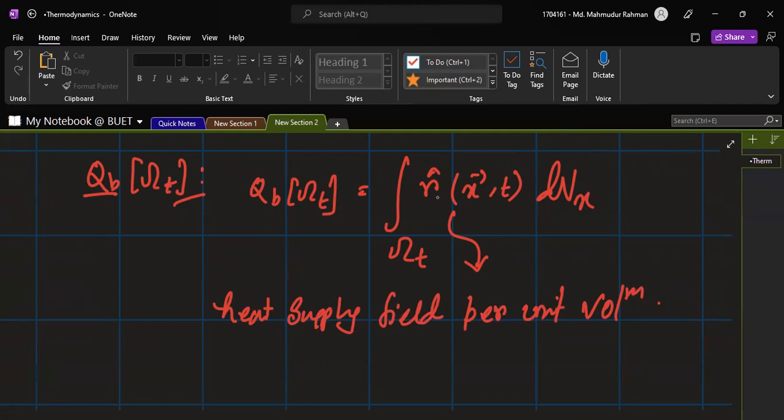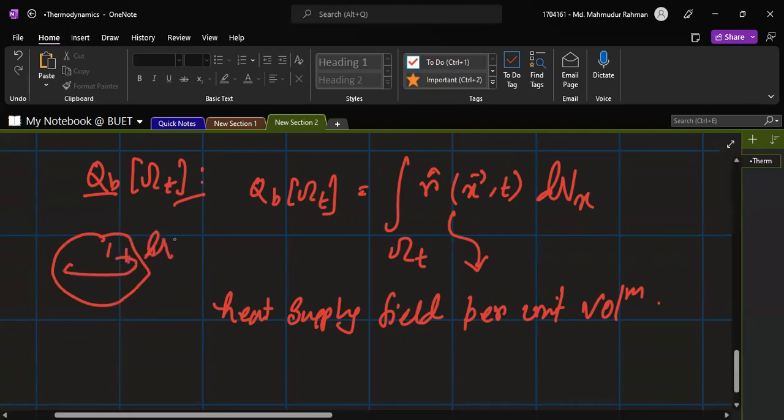This R hat is body heating, but that is for a unit of volume. So if we want to find the body heating for the entire volume, we have to integrate it over this subset omega t. So this part is our body heating part.